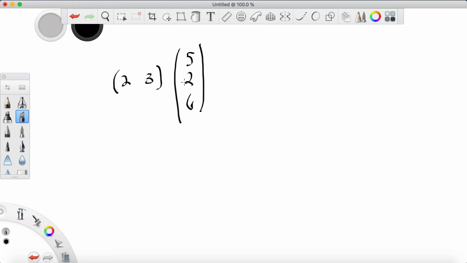You couldn't. Maybe you would put 2 times 5 plus 3 times 2, but then what do you do with that 6? There isn't anything you can do with it, at least if we wanted this rule to be consistent. So for this reason, the length of the vectors has to be the same.